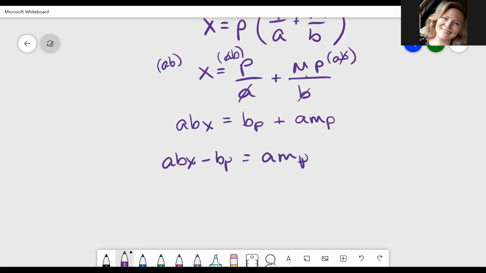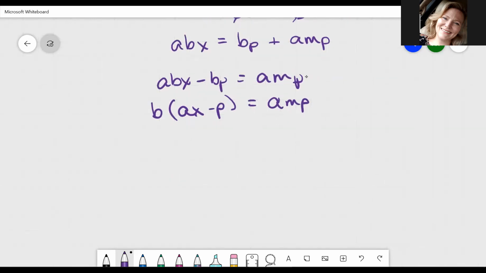This is looking good. Let's factor out the B. So I get B times AX minus P equals AMP. All right, and then we're just going to divide both sides so that I get B equals AMP over AX minus P. Good.